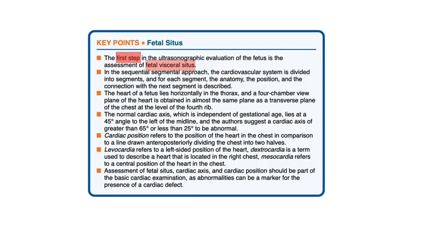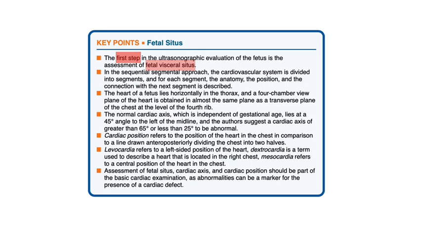All right. In the summary at the end of that chapter, I just really want to emphasize this, that the first step in figuring out the situs of the fetus is, once you've figured out the left and right, then figure out the fetal visceral situs.